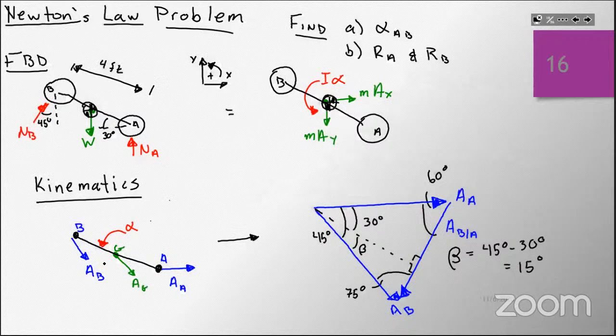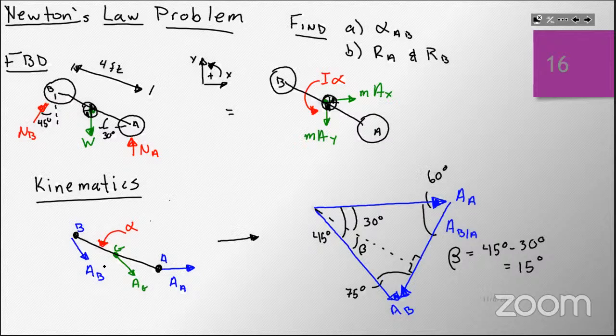Okay. If I sum the moments at B, NA is sine 30 away, okay? NA, the x distance there is cosine 30 away. That's going to cause a counterclockwise rotation, positive.